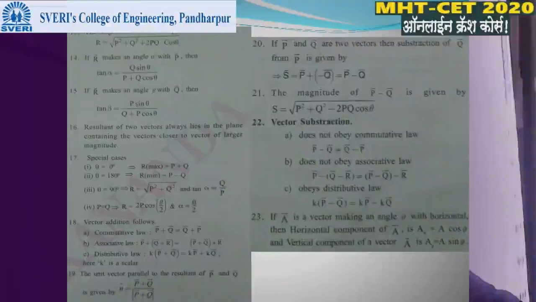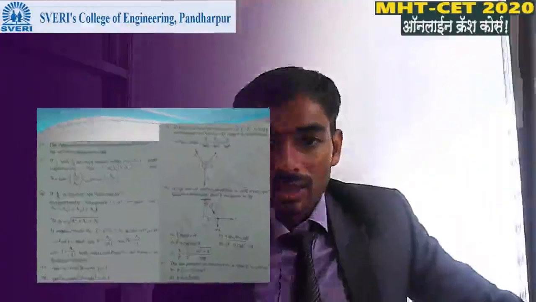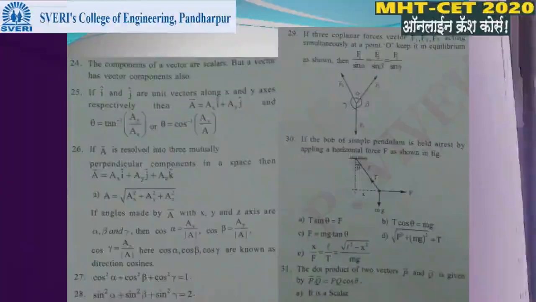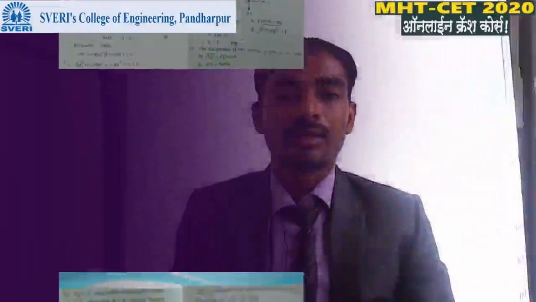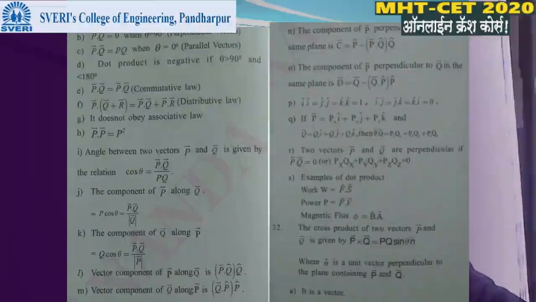So again this synopsis is very important in one sentence for your MCQ or your CET. Again here some of the important terms in one sentence, very important for your CET. Again this slide is also important in one sentence.